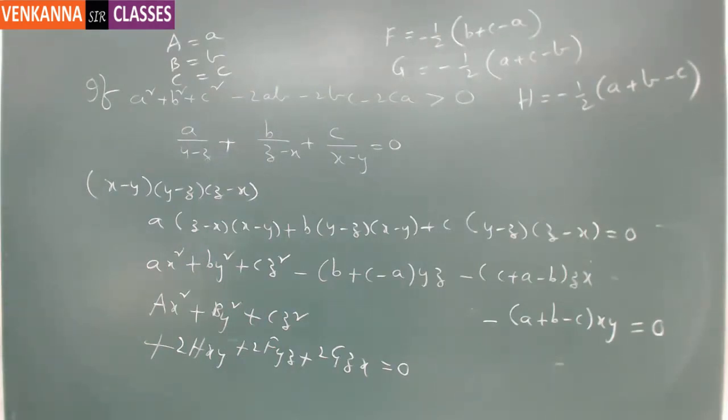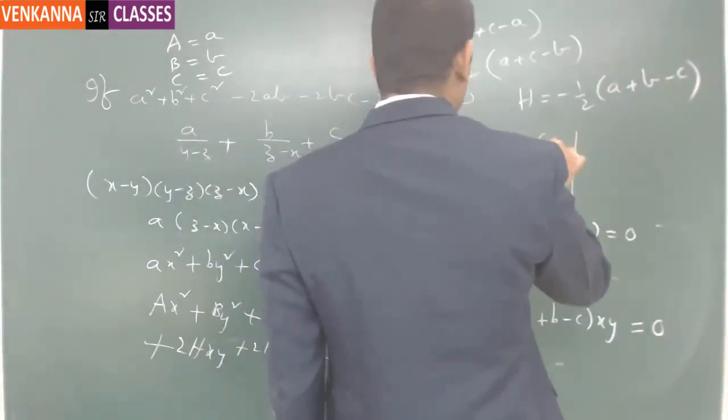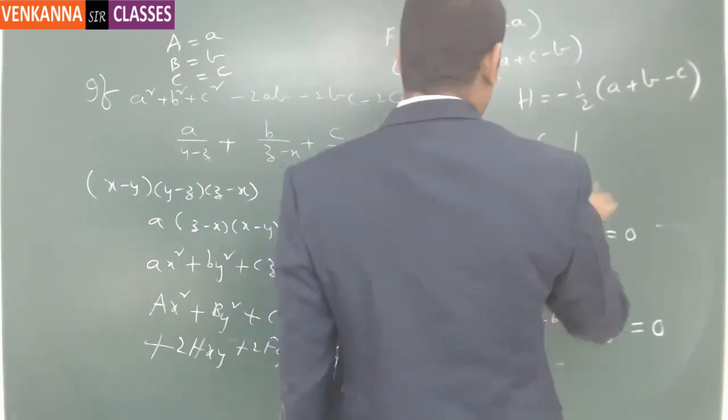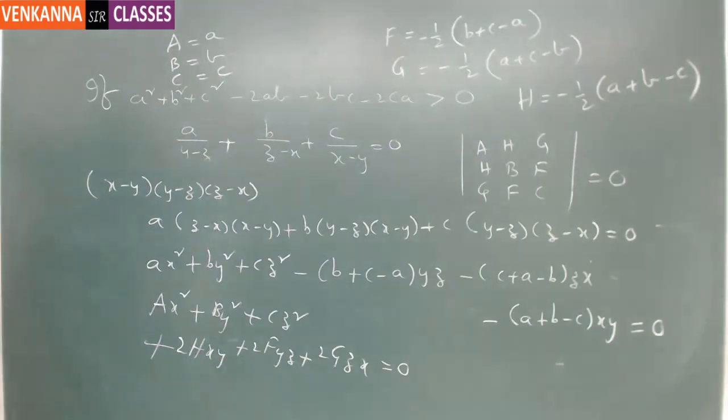So if you want to evaluate the determinant, this is the determinant we take actually. Earlier we have taken small a, b, c in the formula. Here I have written the formula using capital A, B, C. Clear?